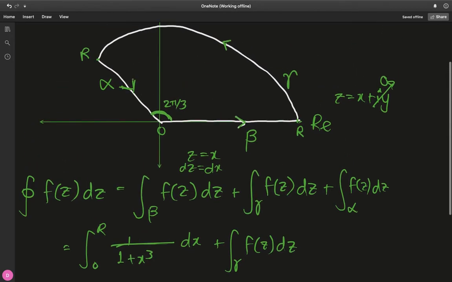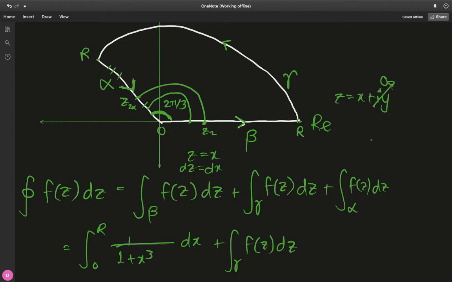And integral over alpha, or this path. Well, how do we represent points on alpha? What parameterization do we use? Well, notice that every point on path alpha is actually a rotation of a point on beta by 2 pi over 3. So this point here, say z2, when rotated by 2 pi over 3 ends up on z sub 2 beta.